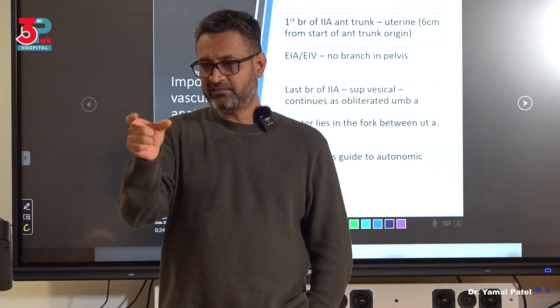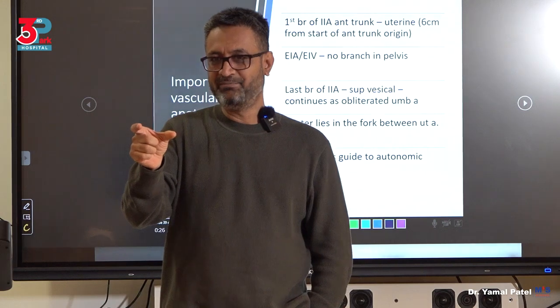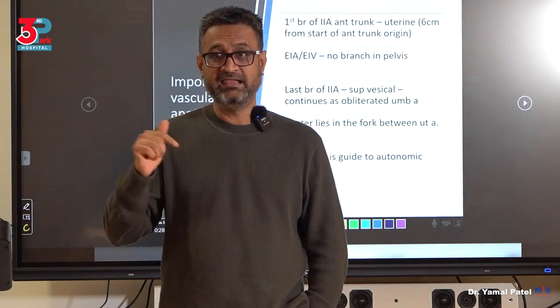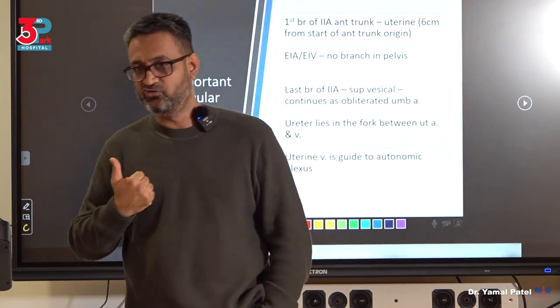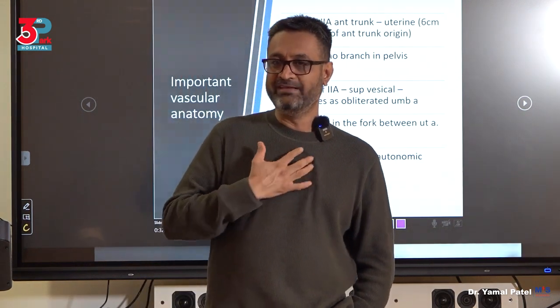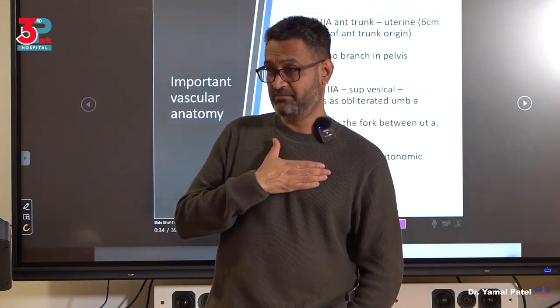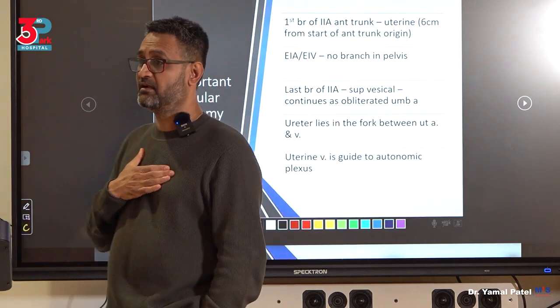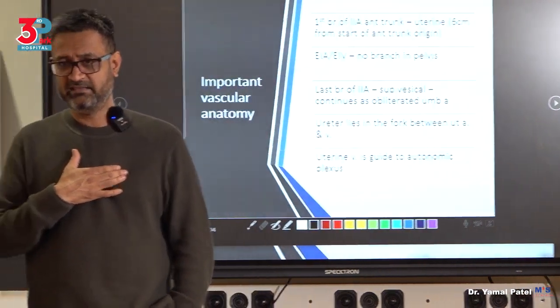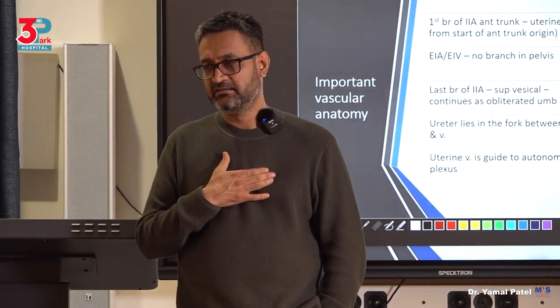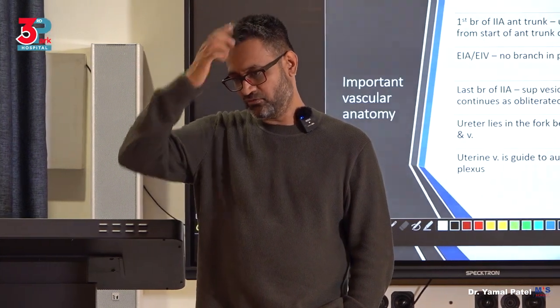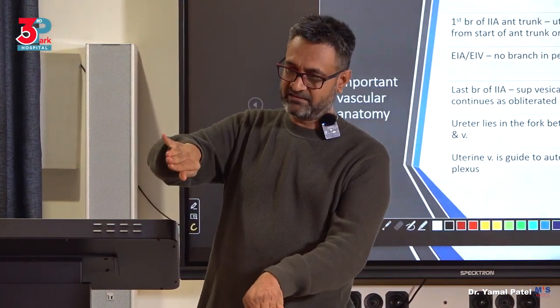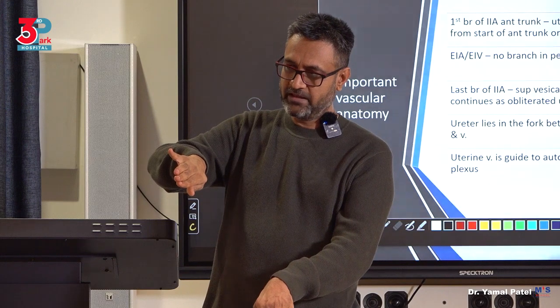So this point is an important place for you to do internal iliac artery ligation, should you have to. So in very bad PPHs, we sometimes have to resort to internal iliac artery ligation. Make sense? When you have to do that, then you have to open up the internal iliac artery, okay?